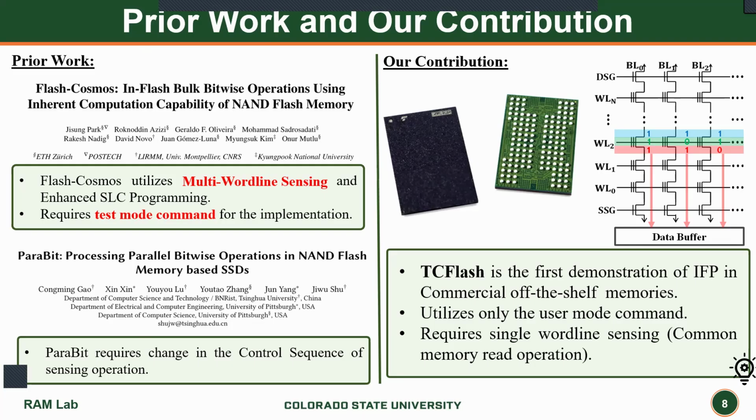In the case of ParaBit, it requires significant changes in the control sequence, which also uses test mode commands. In our scheme, TCFlash is the first demonstration of IFP, in-flash processing, in commercial off-the-shelf memories. It utilizes user mode commands, and it requires single word line sensing, which is a very common memory read operation.